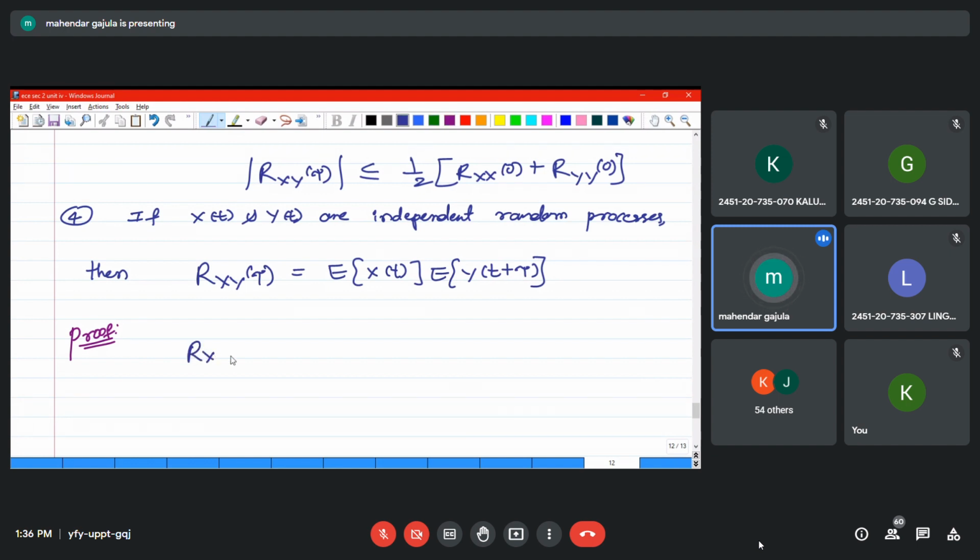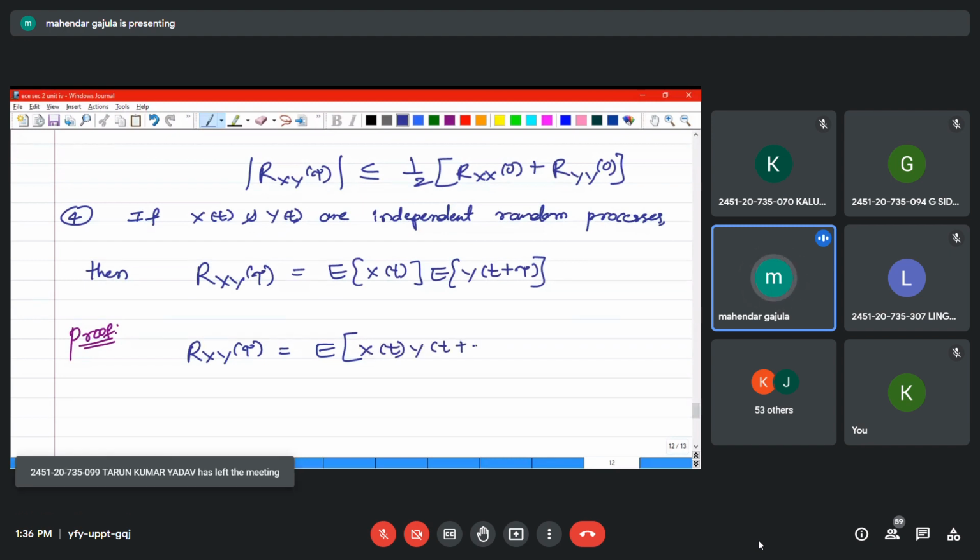Let us write the first formula of the cross correlation function. It is expectation of x(t) y(t plus tau).